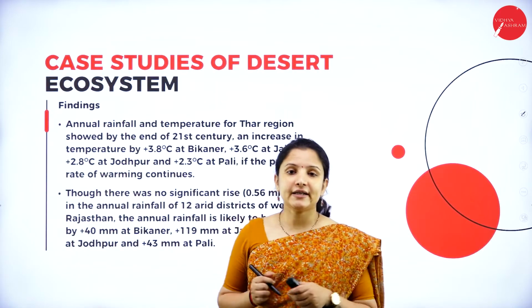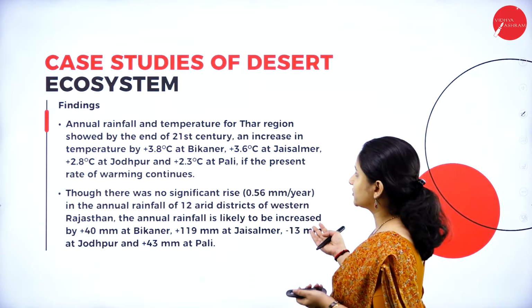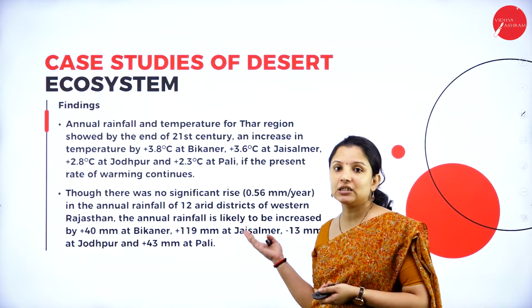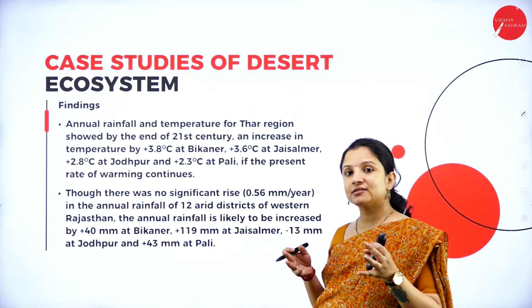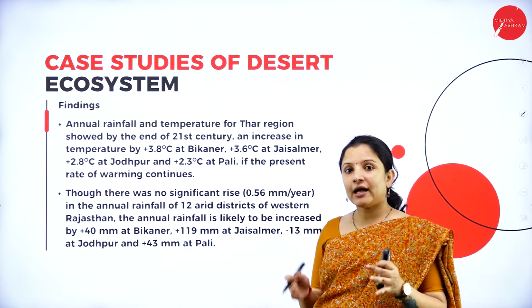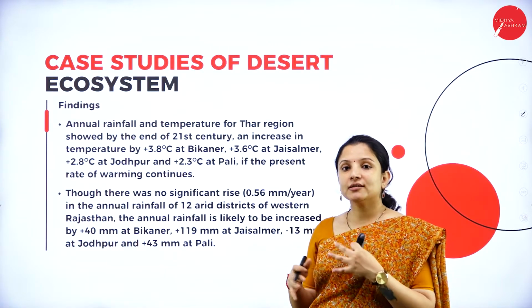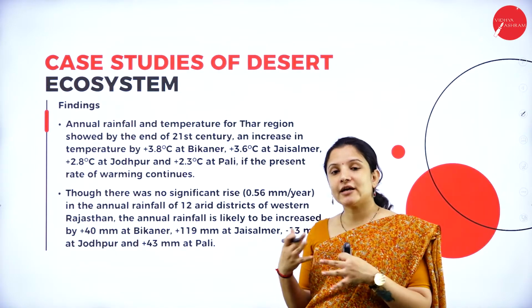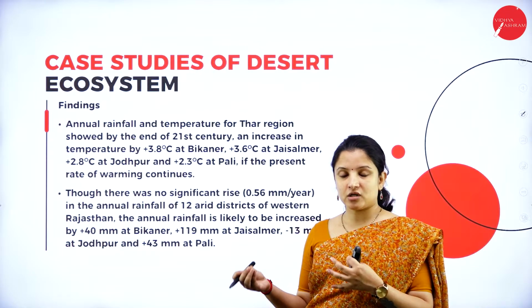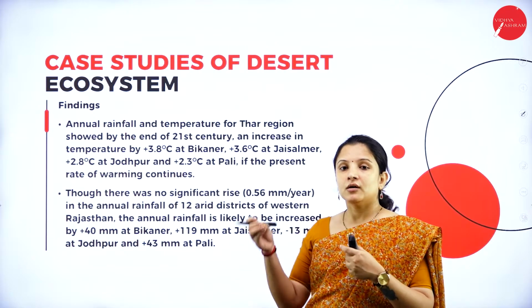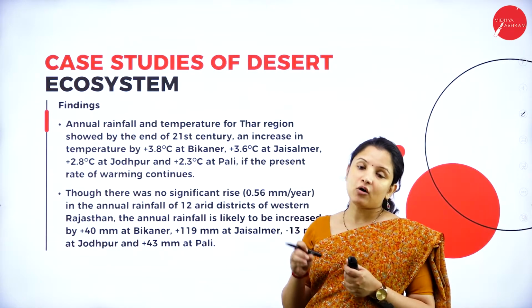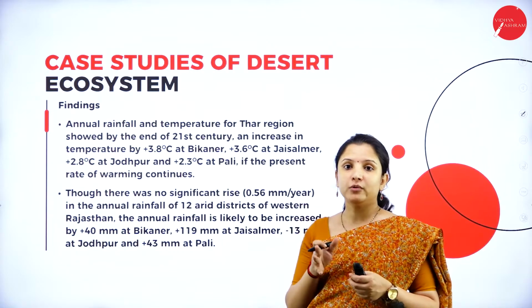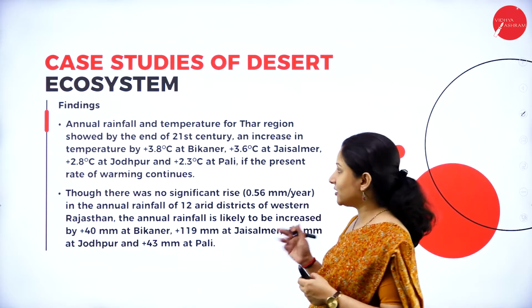So what were the findings of the case study conducted in the Thar desert? They were saying that a complete change in the seasonal variation as well as the diurnal variation in temperature can alter the habitat, or cause a huge problem for the animals living in the Thar desert.